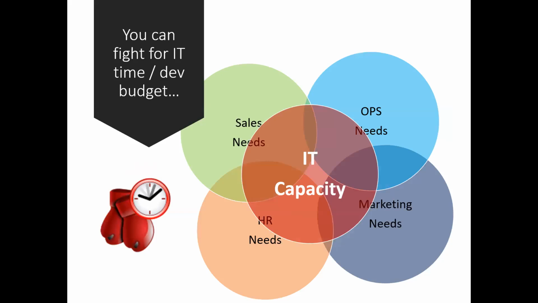Well, the traditional way to do that has been to fight for IT time and development budget. What we have in this slide is pretty typical of organizations, at least that I've been in over the last 20 or 25 years, where within the organization, we have departments that have needs. And those needs almost always outstrip IT capacity.